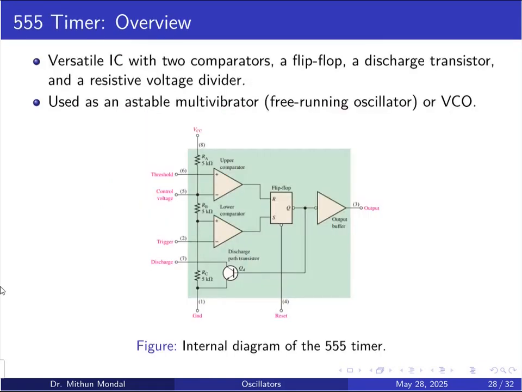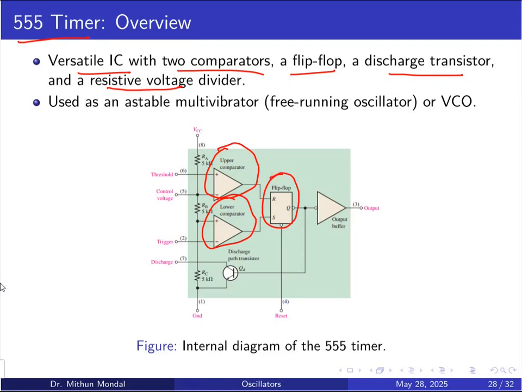Now next we will discuss the 555 timer, which is a versatile integrated circuit with basically two comparators, a flip-flop, a discharge transistor and a resistive voltage divider. So you will be seeing here there is an upper comparator, the lower comparator, there is a flip-flop and there is a discharge transistor in the path which is having the voltage divider.